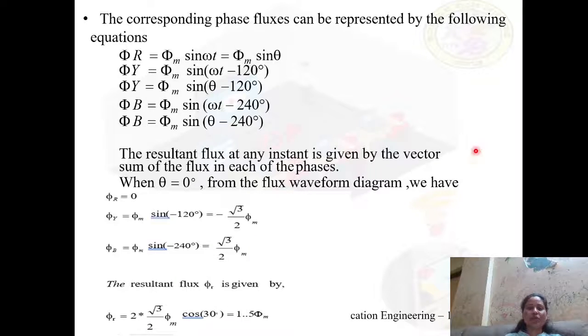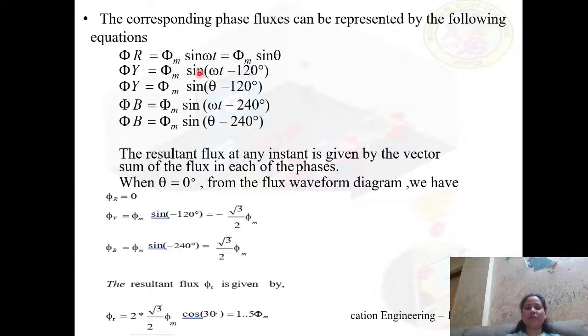Right. So we can write the expression for the fluxes produced from each of the phases. Flux from the phase R is equal to phi m sin omega t, and from phase Y, phi Y is phi m sin omega t minus 120 degree. That is, compared to phase R and Y, there should be 120 degree apart.